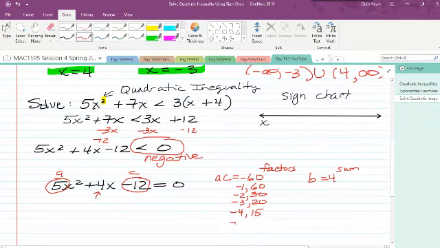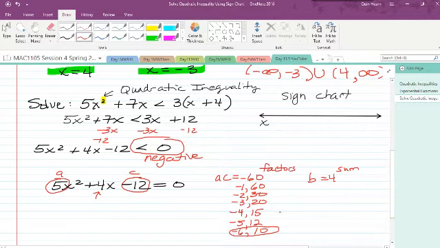We're getting closer. -5 goes in 12 times, and that adds up to 7. And -6 goes in 10 times, which adds up to 4.